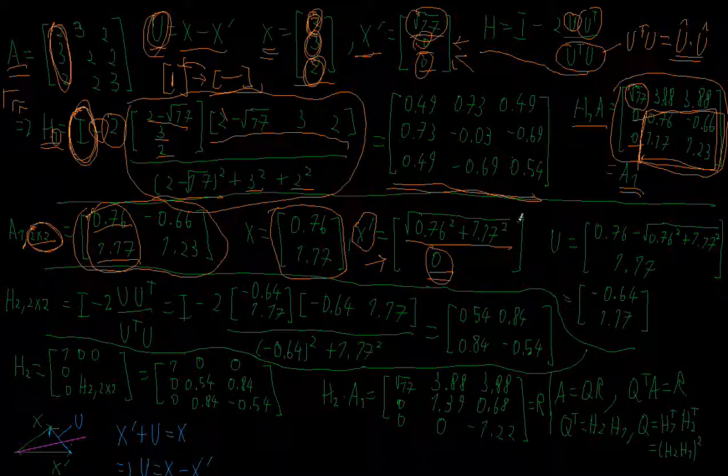Okay. So now we can find the vector u again, which is x minus x prime. So this column vector minus this x prime here. So we get again 0.76 minus the square root of 0.76 squared plus 1.17 squared, and 1.17.